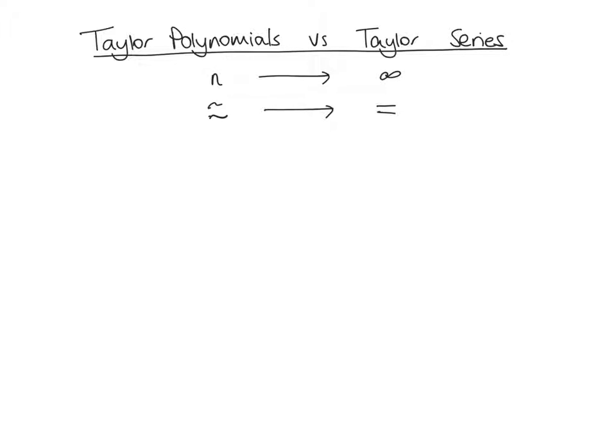So if we were to write out the formulae for each of these, for the Taylor polynomial, we have f of x is approximately equal to the sum from k equals 0 to n, which is the order of our polynomial, of the kth derivative evaluated at a times x minus a to the k over k factorial. So that will give us something with n plus 1 terms. And it's an approximation.